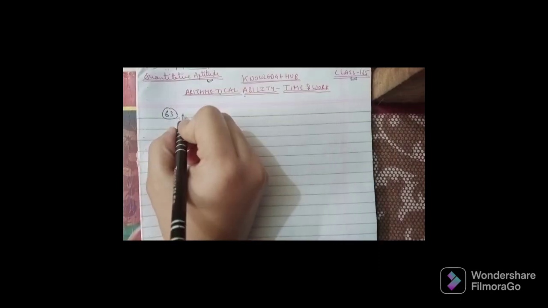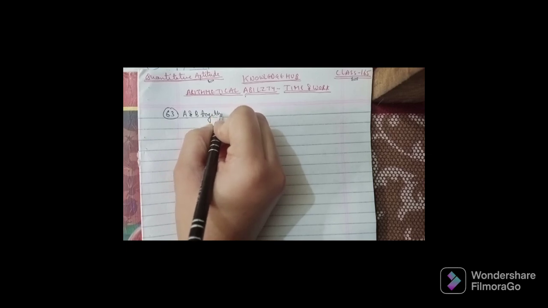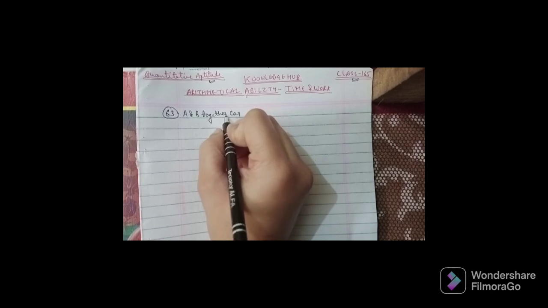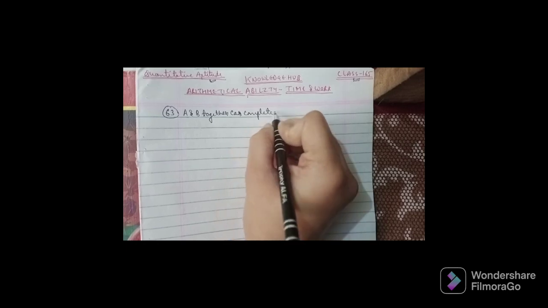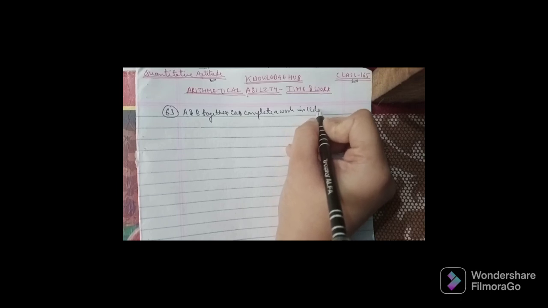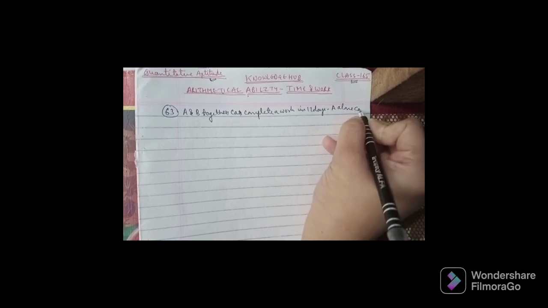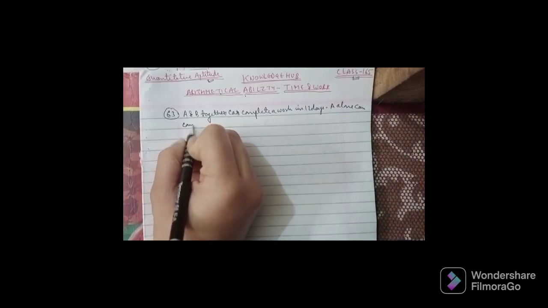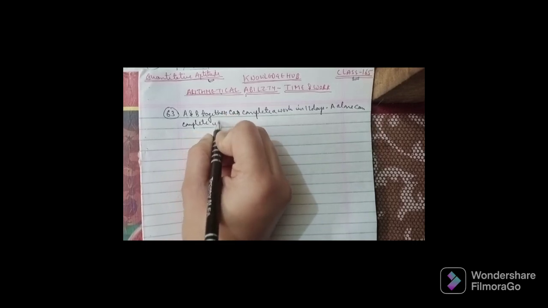So A and B together can complete a work in 12 days. A alone can complete it in 20 days.